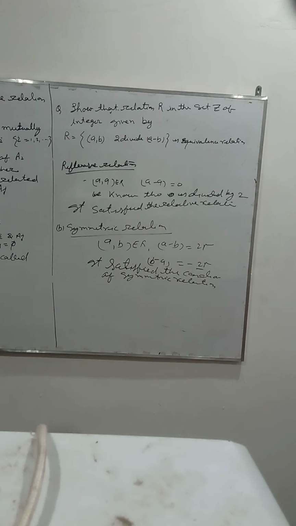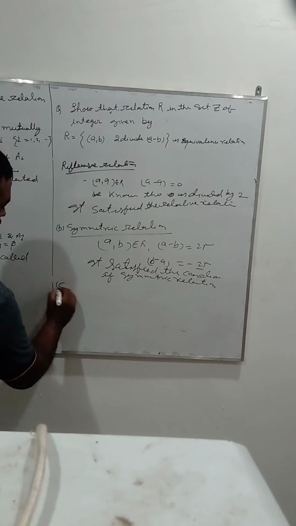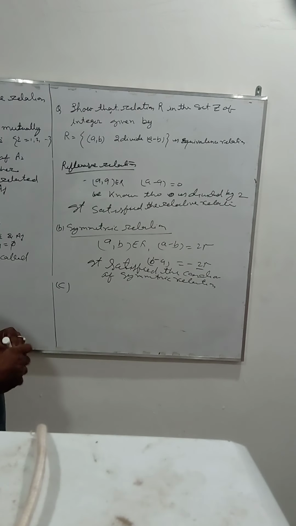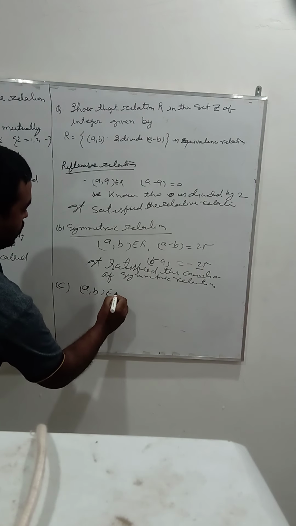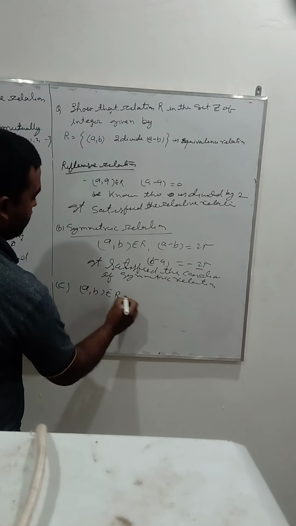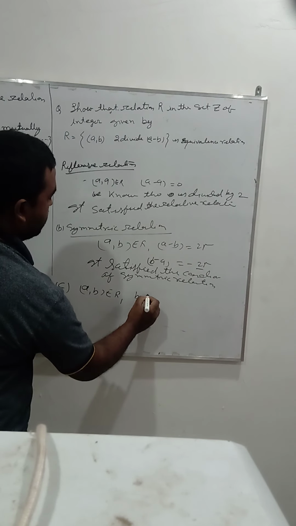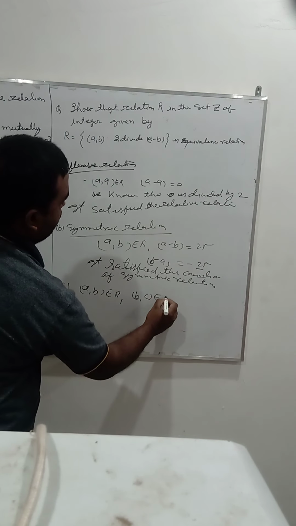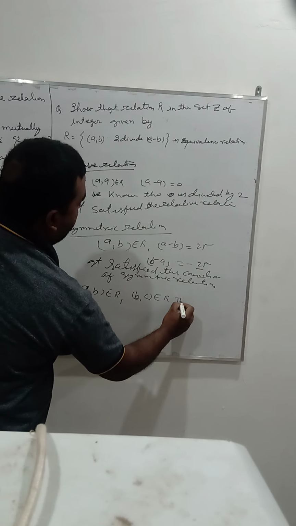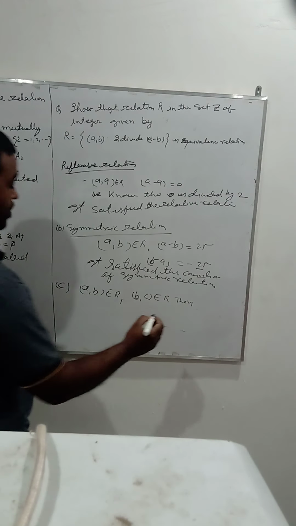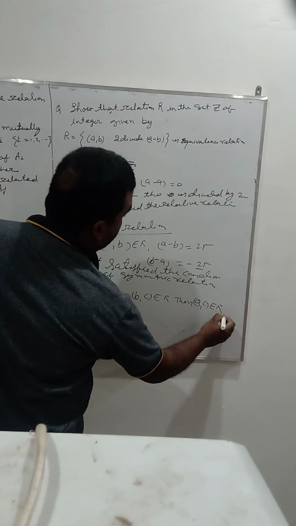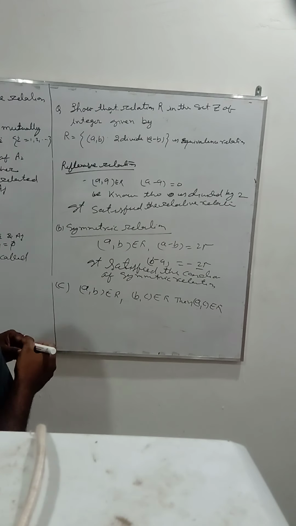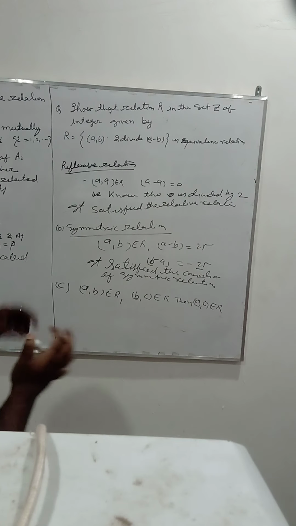Now we are going to the third condition. Let us suppose there are two elements (a, b) belongs to R, and (b, c) belongs to R. Then for being transitive, it must be (a, c) belongs to R. This is the condition of transitive relation.